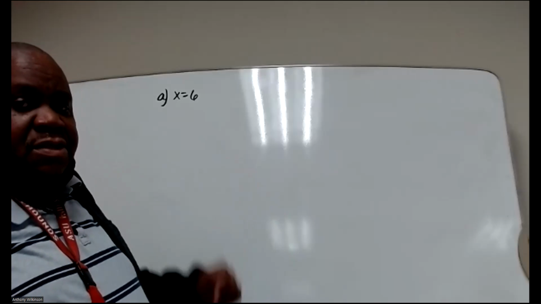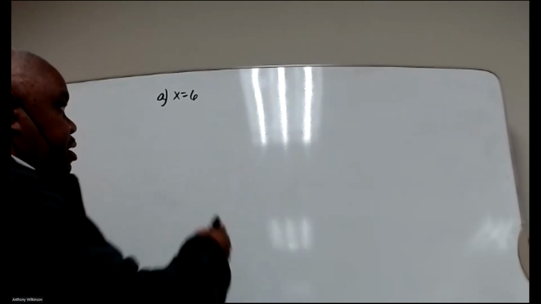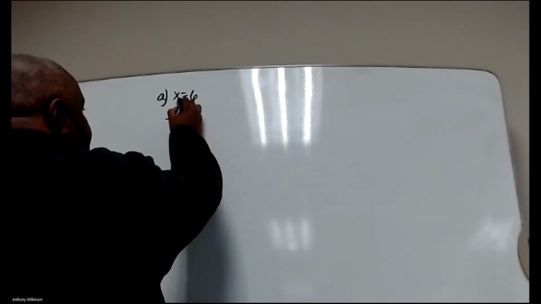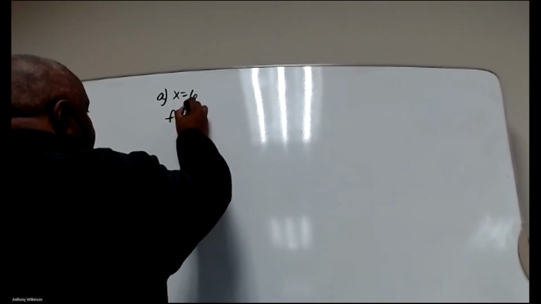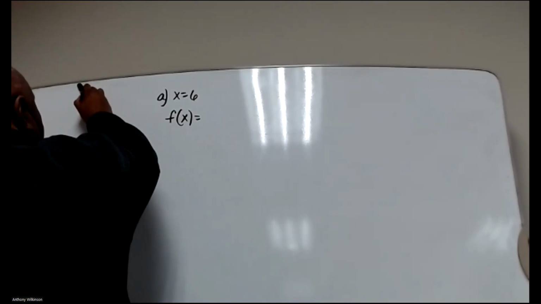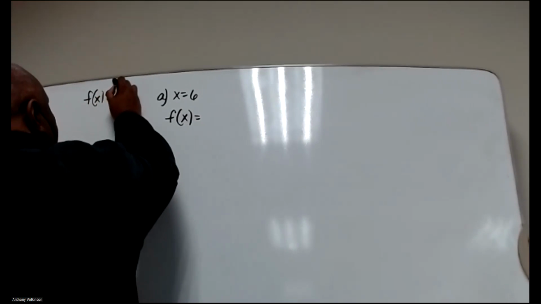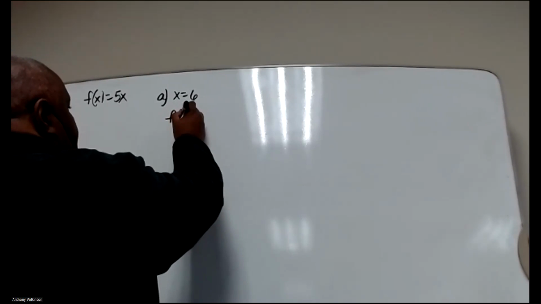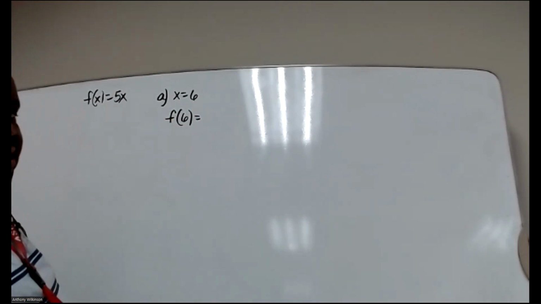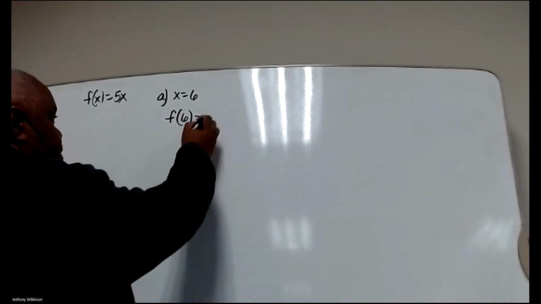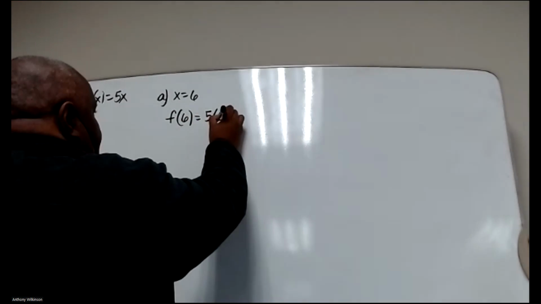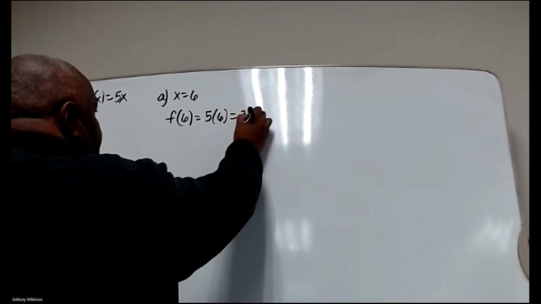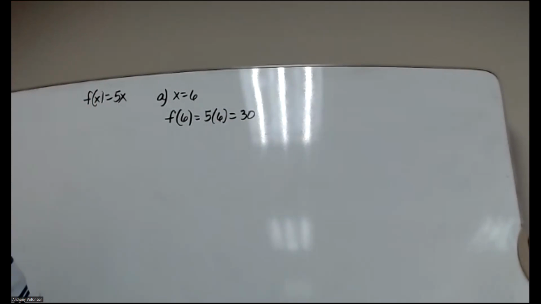So that x equals 6 will go into the first function where f of x is equal to 5x. So here we just substitute the x with 6. So f of 6 is 5 times 6, which will be 30.